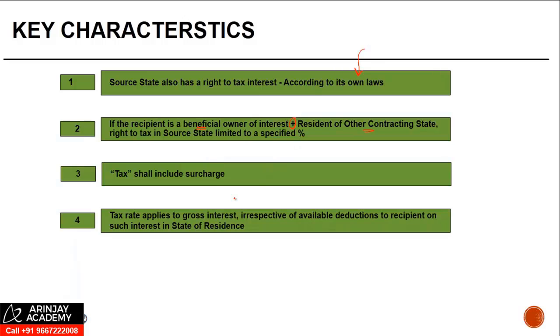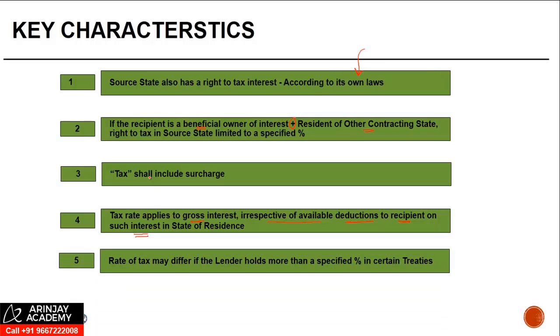The tax rate applies to gross interest, irrespective of the available deduction to the recipient on such interest in the state of residence. We'll look at an example on this. The rate of tax may differ in certain treaties if the lender holds more than a specified percentage.